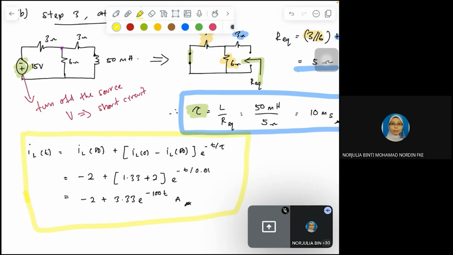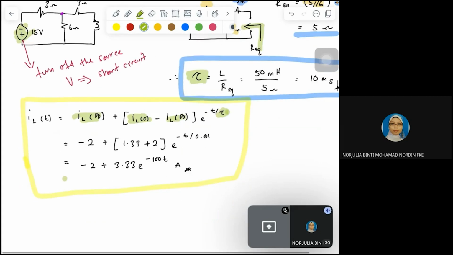You insert the value of your tau, the final value as well as the initial value. Finally, this is your last answer: IL(t) equals negative 2 plus 3.33 times e to the power of negative 100t.